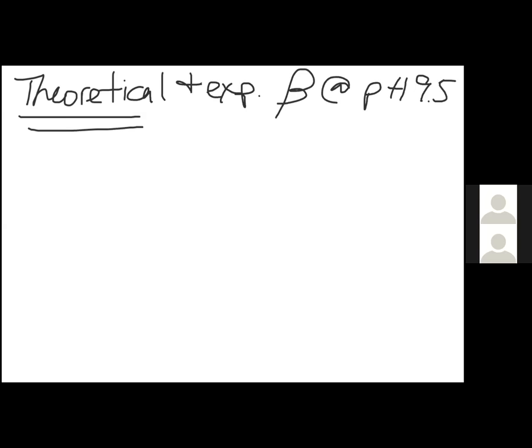We first need to revisit the Henderson-Hasselbalch equation, which states that the pH of a solution is equal to the pKa of the functional group that you're observing, plus the log of the conjugate base concentration over the concentration of the acid species.